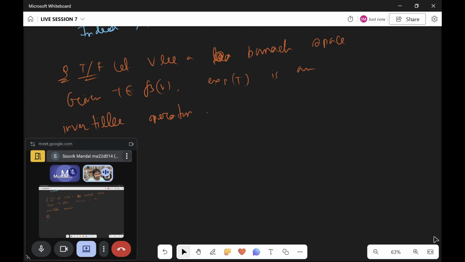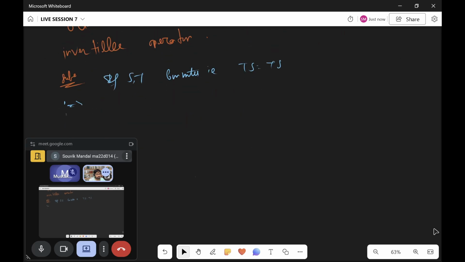The point is that we know that if S commutes, that is St equals Ts, then first of all the answer is true. So exponential of t plus s is exponential of t composed with exponential of s.